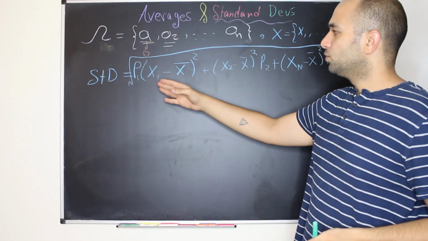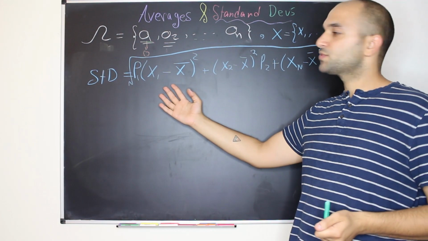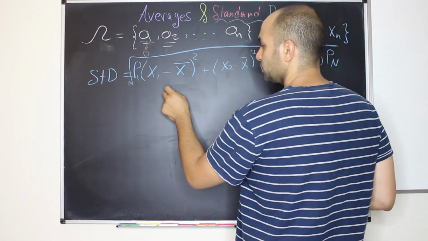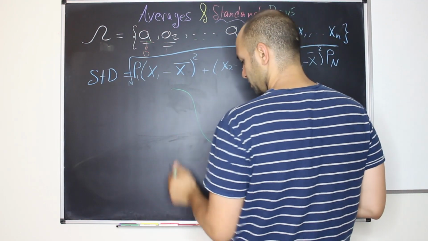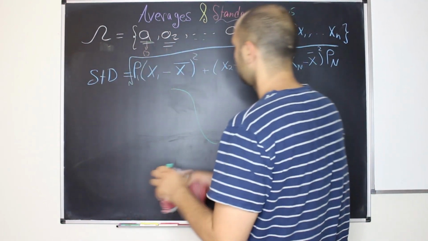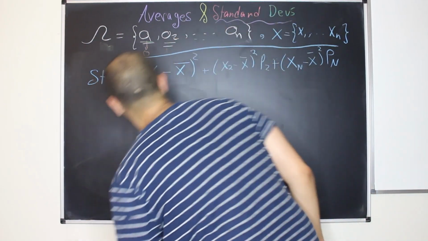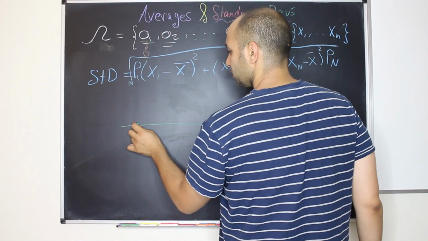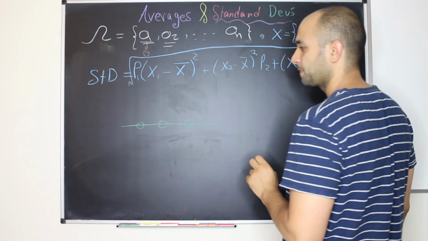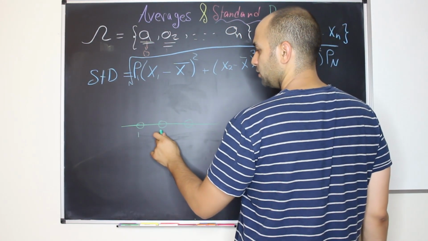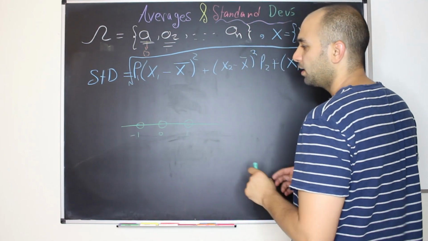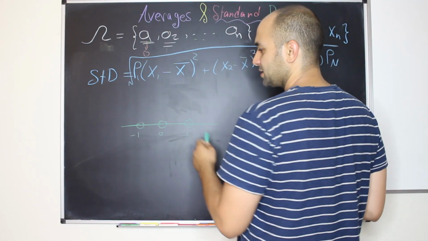Let me tell you where this definition comes from, and why it gives you width. So let's look at an example. I'm going to plot some example, like -1, 0 and 1, and each one has the same probability.